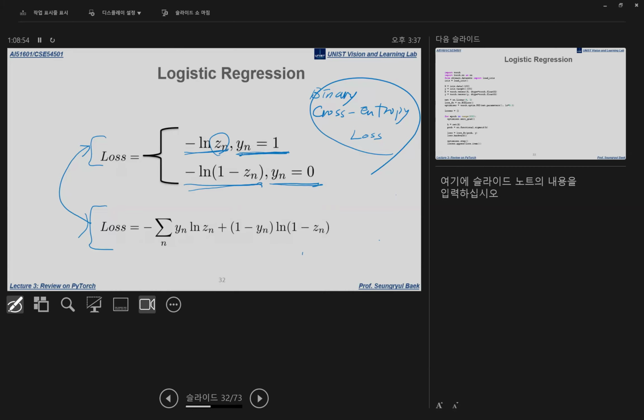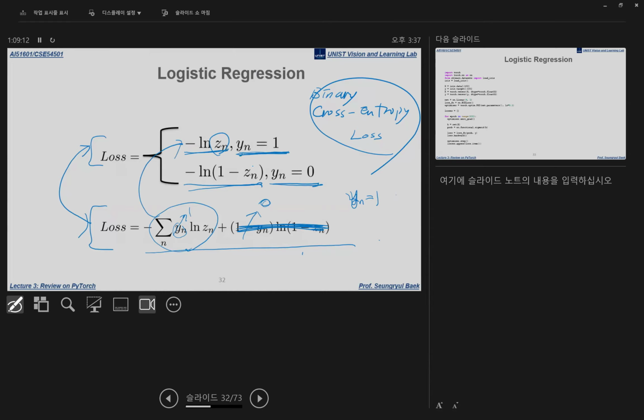And actually, that could be represented in this way. So when yn is equal to 1, this becomes 1, okay? And this becomes 0, so you can omit this term. And this simply goes to the same formula here, right?